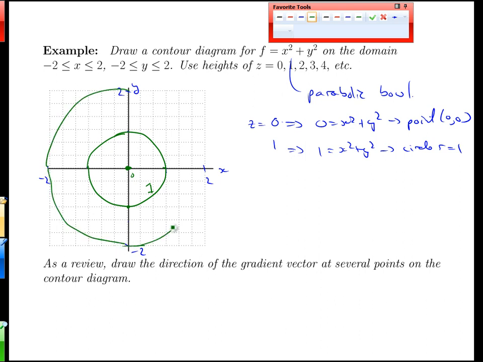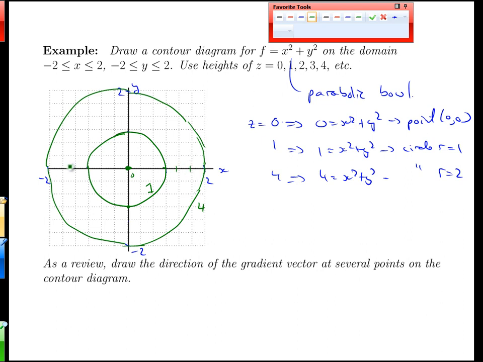If we pick z equal 4, we would have 4 equals x squared plus y squared. And remember, this is r squared on the right. That's a circle with radius 2. So this particular contour is at height 4. I'll draw that outside, actually. I think we'll need the room. And then the last two contours that we were asked for, at 2 and 3, would be somewhere in between here.